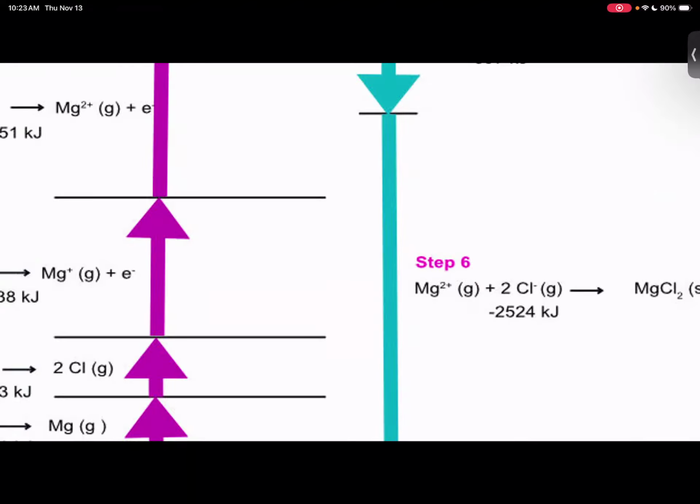As I told you when we were just doing trends, the bigger the charge, the bigger the lattice energy. The reason the lattice energy is bigger is because it has to overcome all of this positive. And there is more positive to it because we are going through more than one ionization energy.